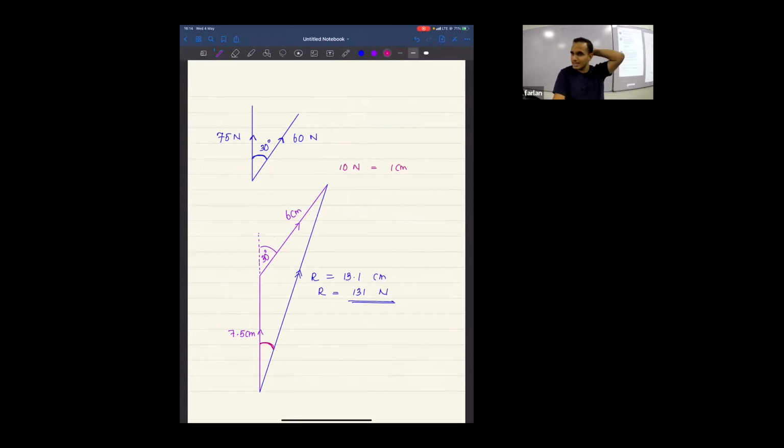You don't see whether it is connected at the bottom or top. From where you are ending the first force, you start the second force. So I draw the 7.5 centimeter line and end the line here, right? So I start my second force from there. That is what I have been doing in all the questions so far.